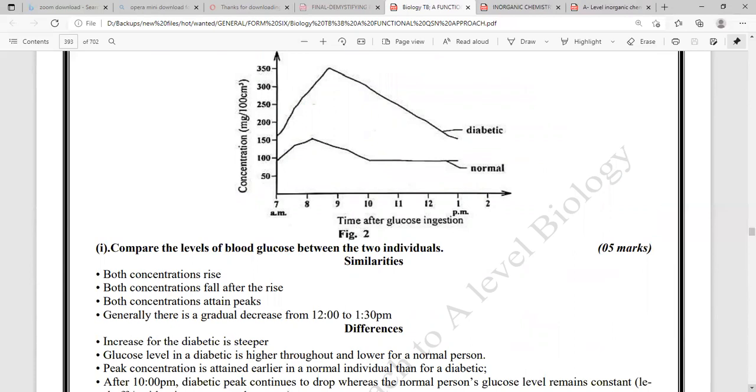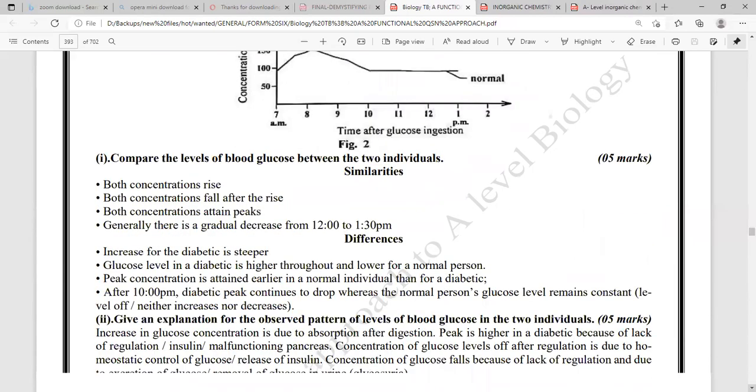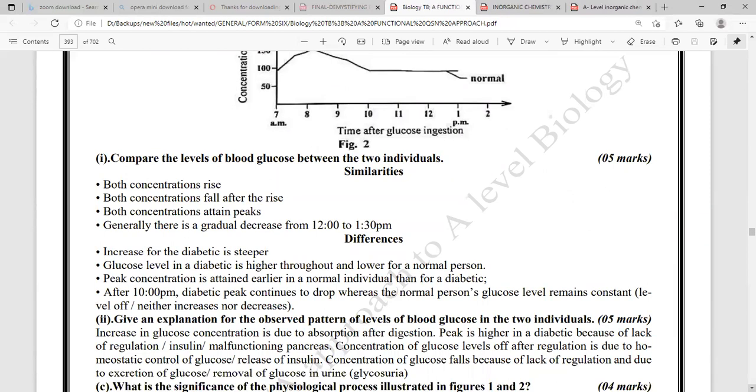You are looking at the diabetic individual and the normal individual, and you are required to compare the levels of blood glucose between the two individuals. Then you are required to give an explanation for the observed pattern of levels of blood glucose in the two individuals.